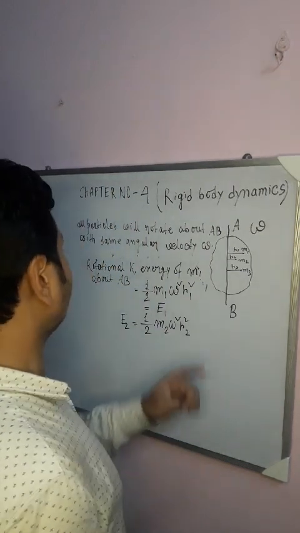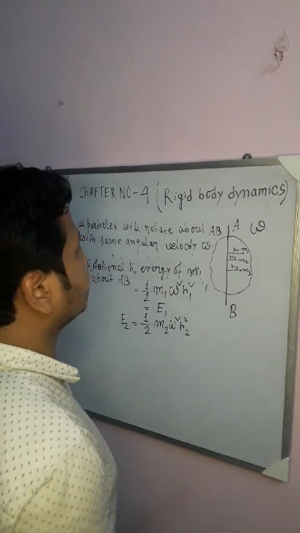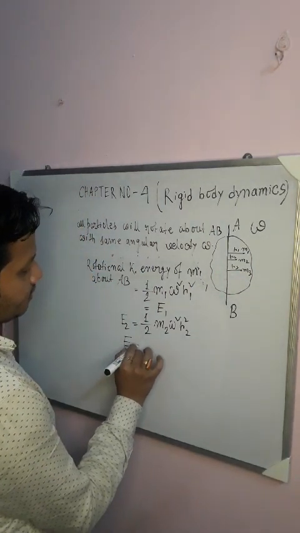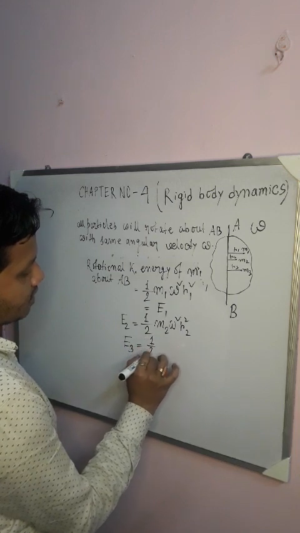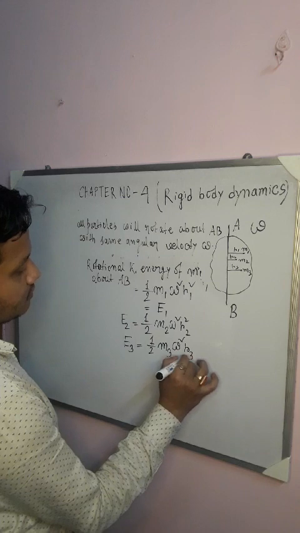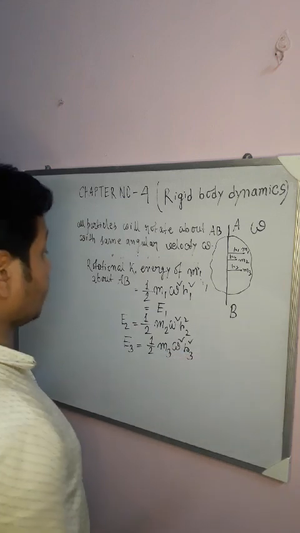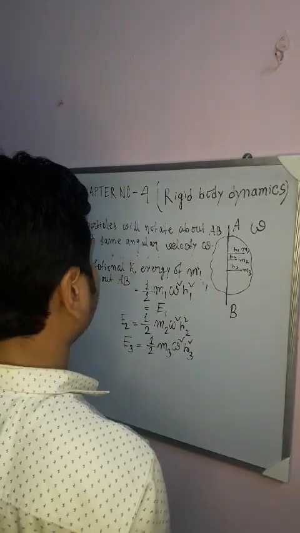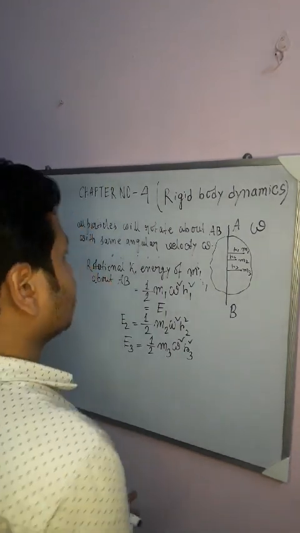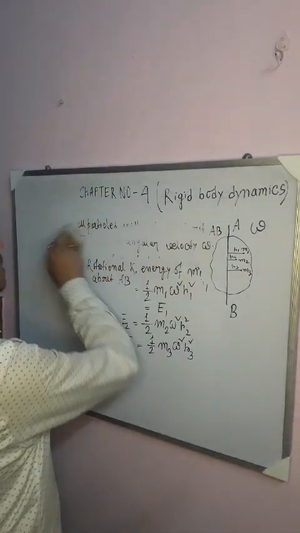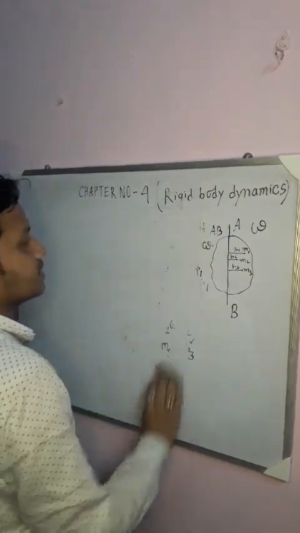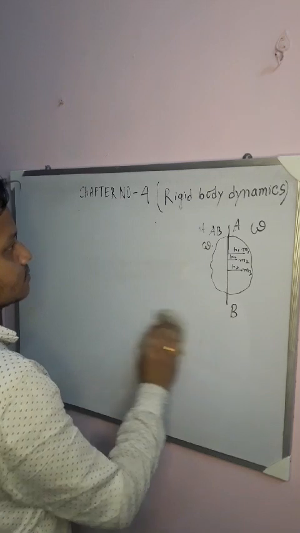The rotational kinetic energy of the particle of mass m3, call it E3, is half m3 omega squared r3 squared. This is the rotational kinetic energy of all particles, from which we can easily determine the rotational kinetic energy of the entire rigid body about the axis of rotation.